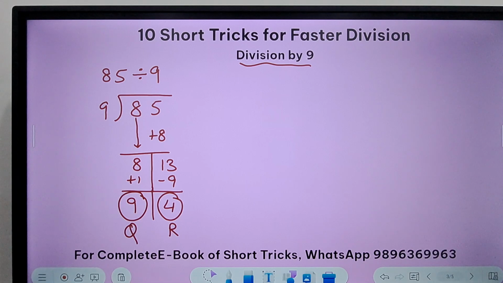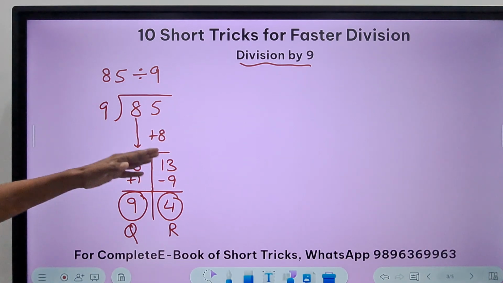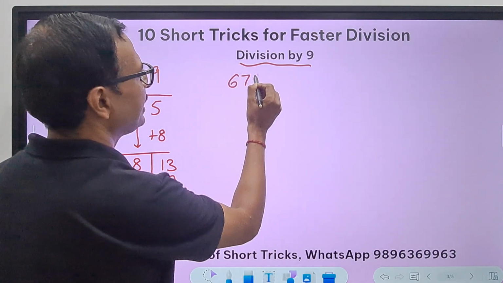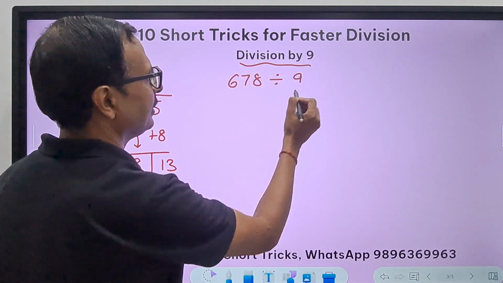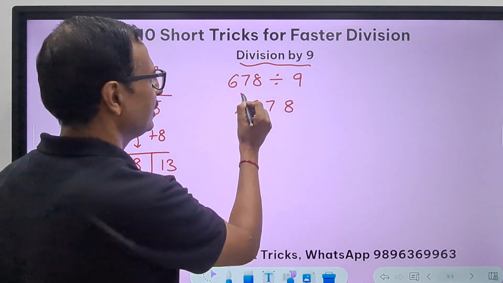So for the first question it might look a little awkward, but when you practice this, like taking 20 such questions, 3 digit, 4 digit numbers, you will find this really interesting. Let's do one more. Let's do 678, and I need to divide that by 9. So watch now. There is a slight change because it's a 3 digit number.